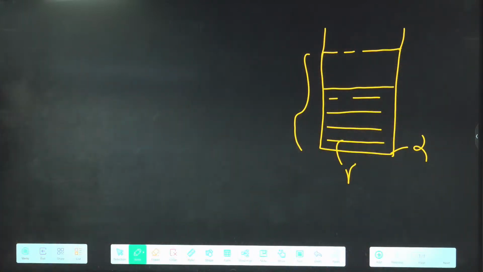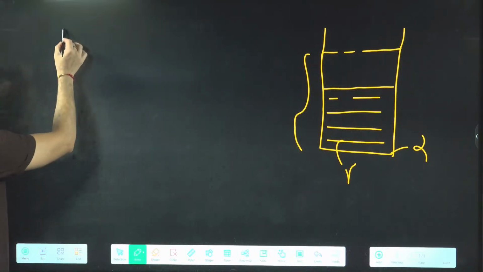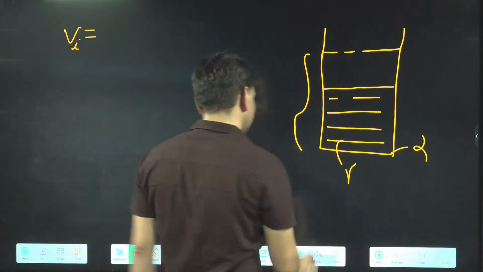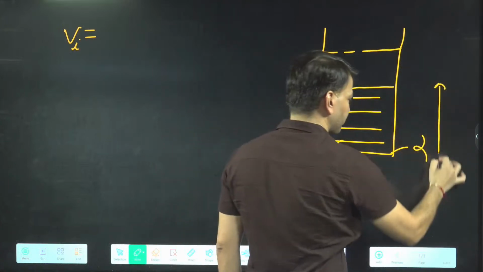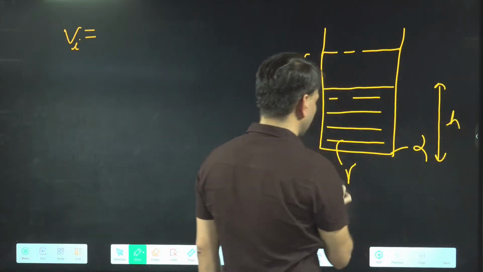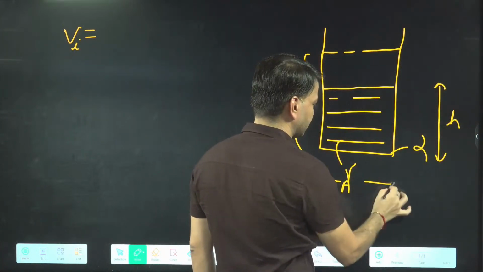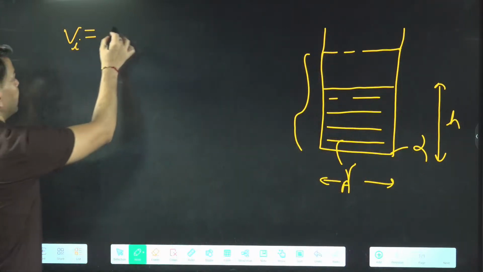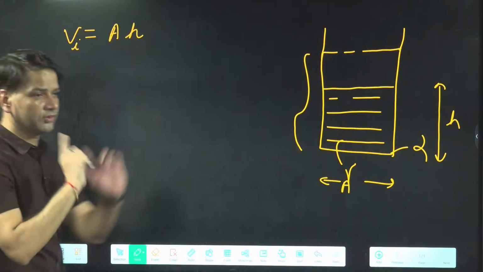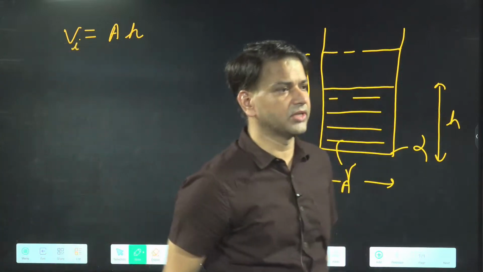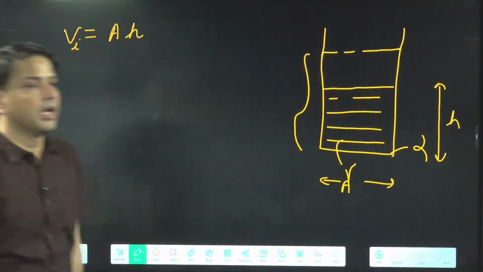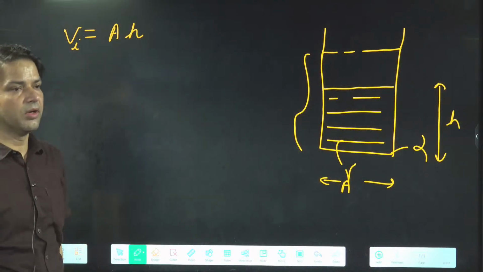Now here, if I ask what is the initial volume of the liquid, suppose I am taking the height as H and the area of the container as A. Then the initial volume is A into H, area of the container into height. Now on increasing the temperature, what will happen?